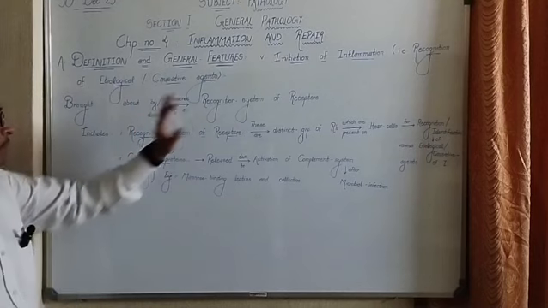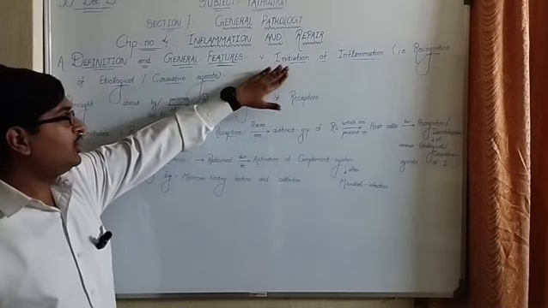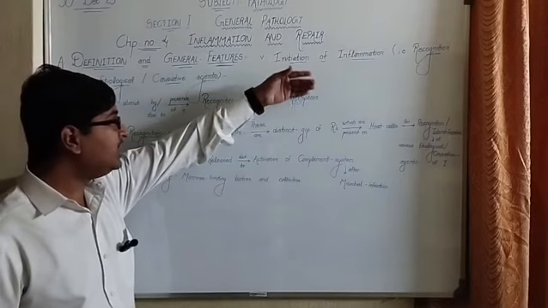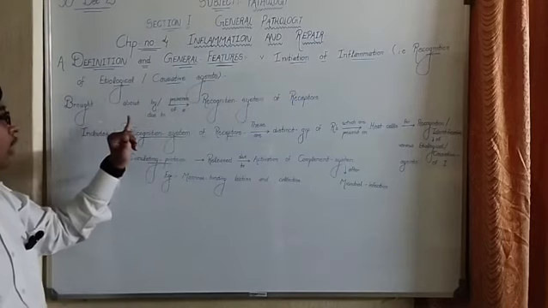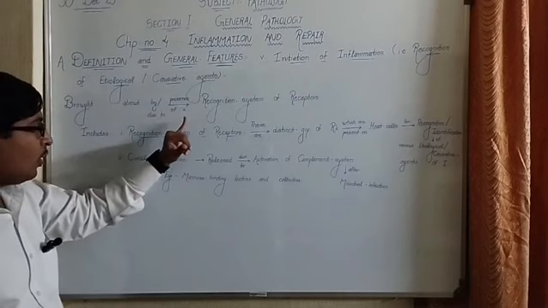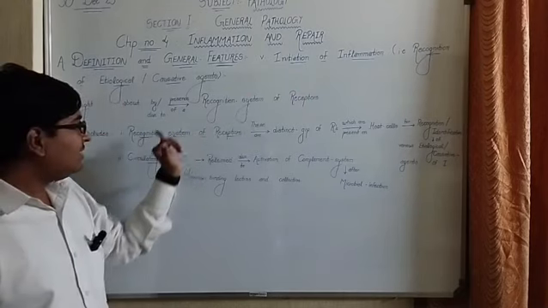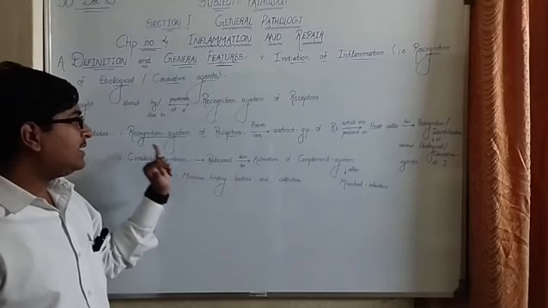So basically, the process of inflammation is initiated due to the presence of a recognition system of receptors. So what is this recognition system of receptors?